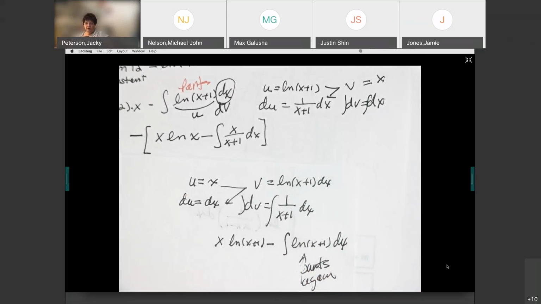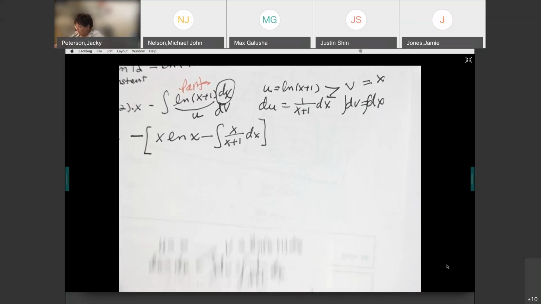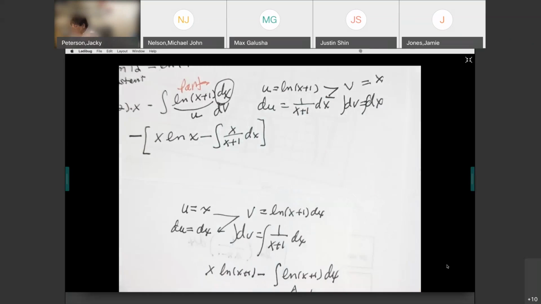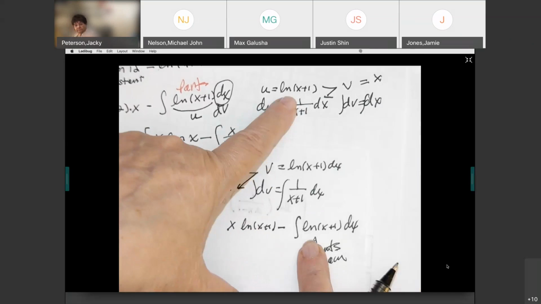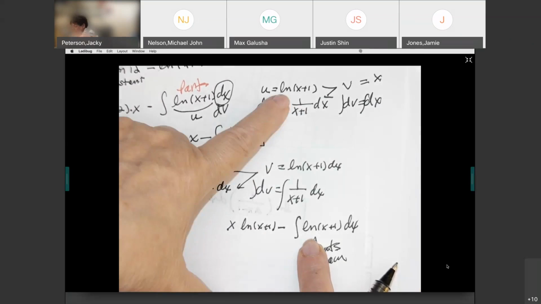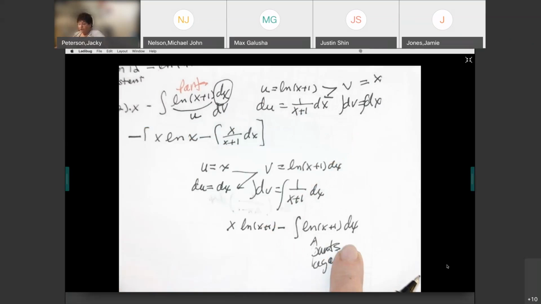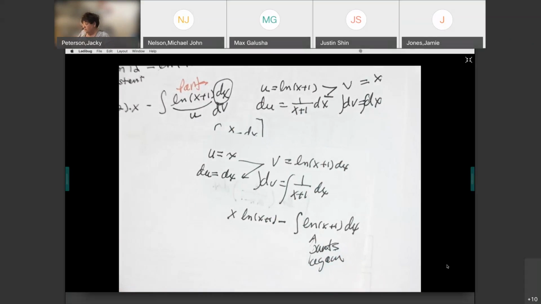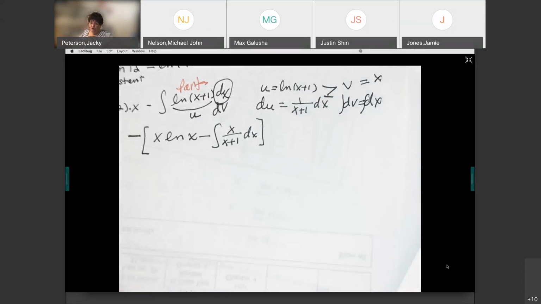Because it's natural log. That's what I did originally to kill him off. So notice, where am I? Back at the beginning of the problem. Because u is the natural log, dv is just dx. So I'm going around the tree. In other words, I'm going in circles on this problem. So that says this is not a parts problem.